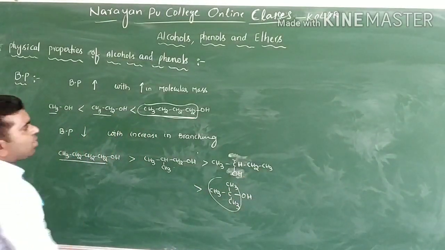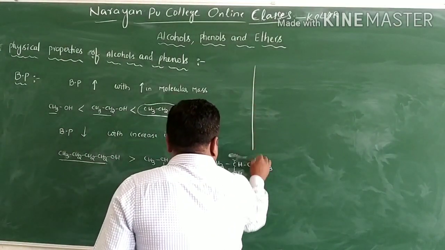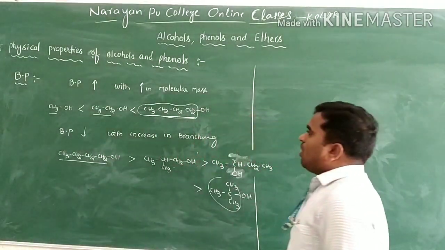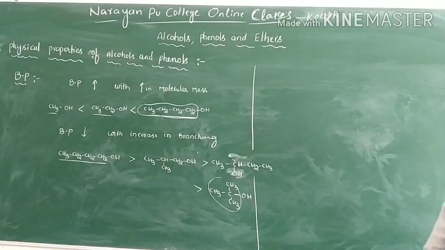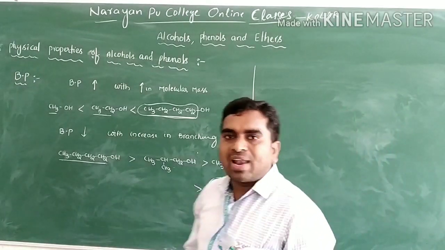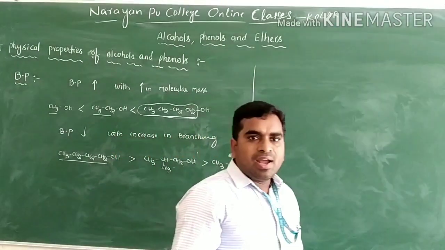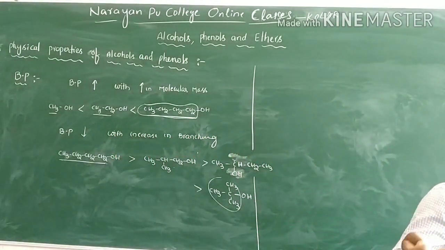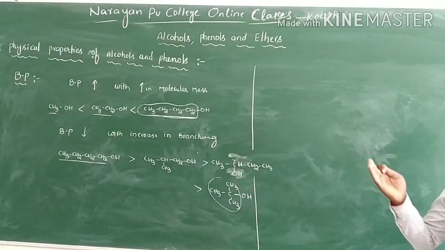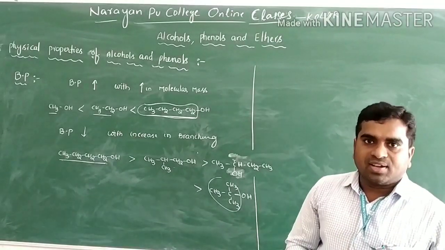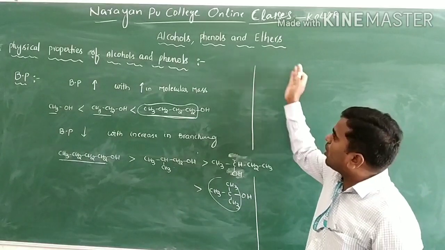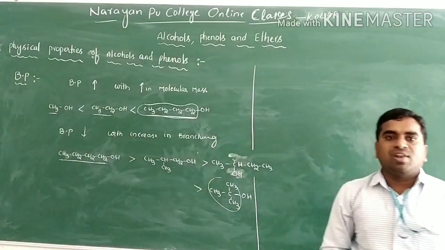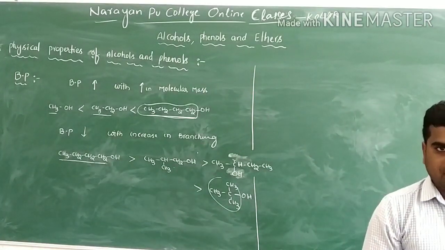So another concept is the boiling points of alcohols and phenols. The boiling points of alcohols and phenols are very high compared to other compounds, namely hydrocarbons, ethers, haloalkanes and haloarenes. Compared to those molecules, alcohols and phenols will have very high boiling points.